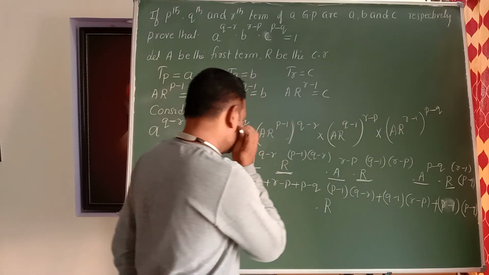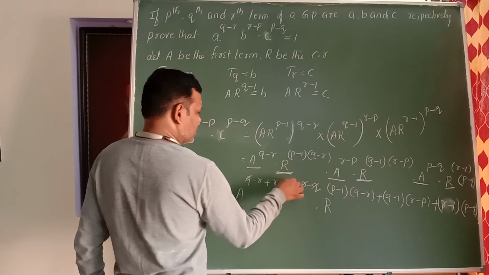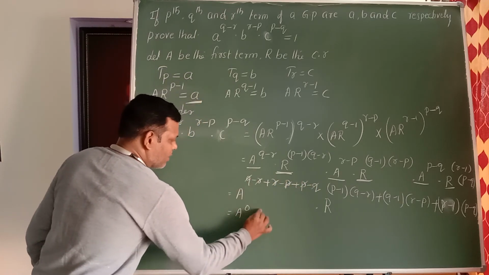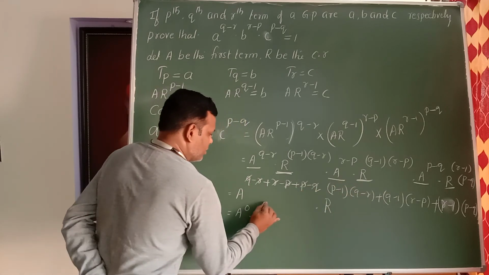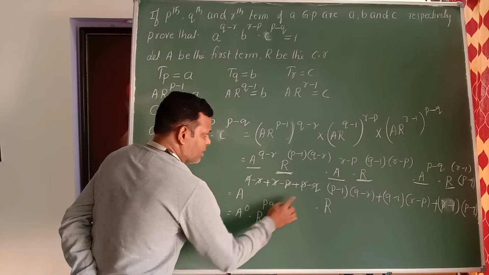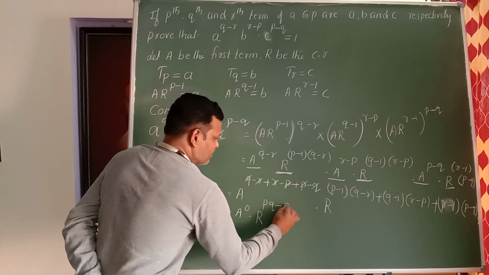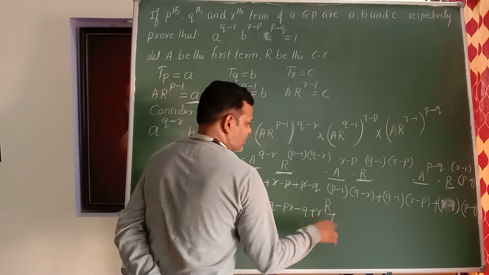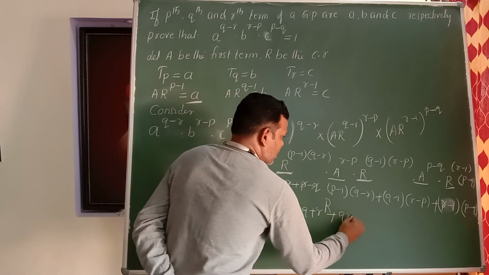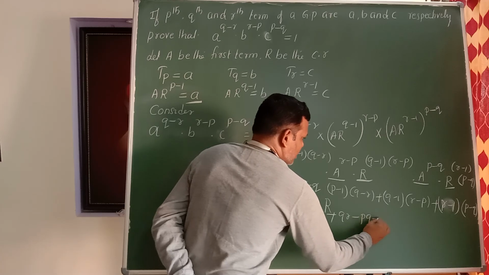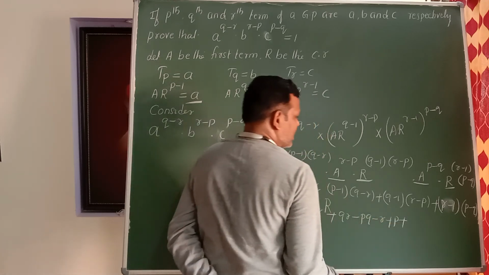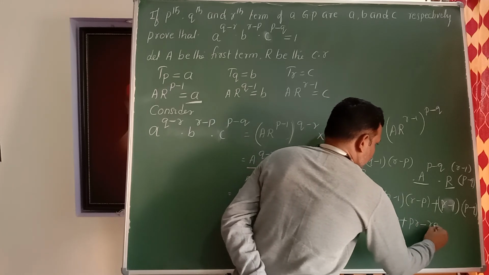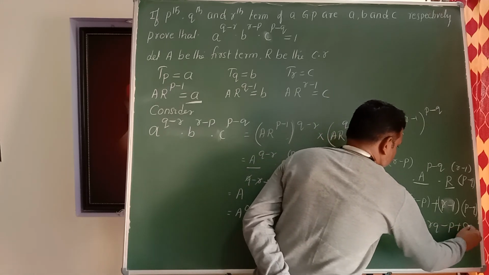Simplify this. So plus q plus p plus r minus r. This is equal to A power 0 into R power, just multiply. Look at me. P into q, pq minus pr minus q plus r plus qr minus qp, and so on.